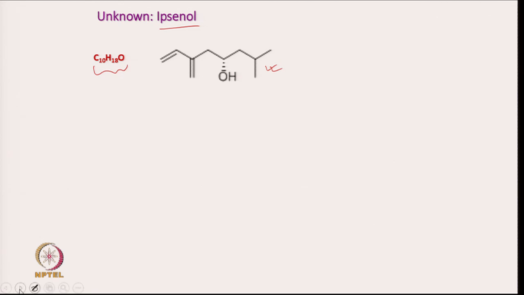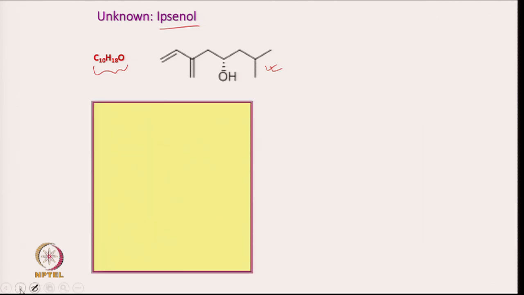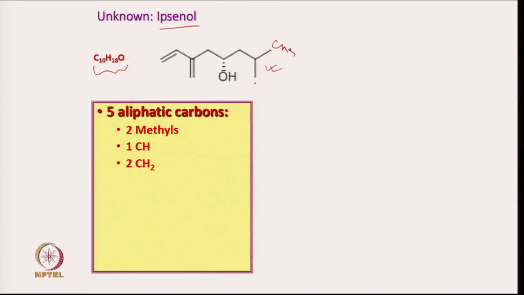Now let us see how we can assign it. So first thing we need to know is how many aliphatic carbons. So it has 2 methyl groups here, and this is a CH2 group, and this is a CH2 group, there is a CH group, and this is a CH2 group, and there is an OH here.